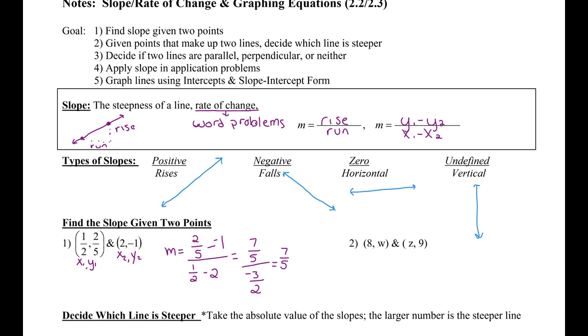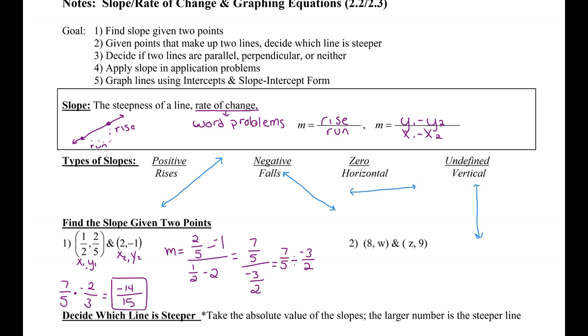So I have 7 over 5 divided by negative 3 over 2. Then, because I can't divide fractions, I am instead going to multiply by the reciprocal, to give me a final answer of negative 14 over 15.